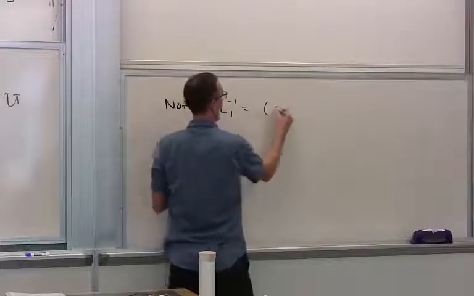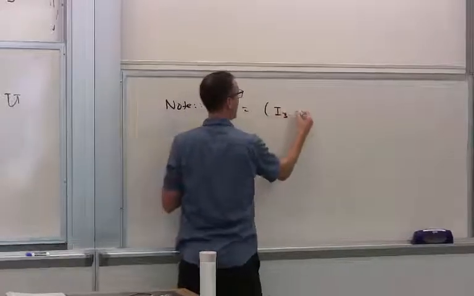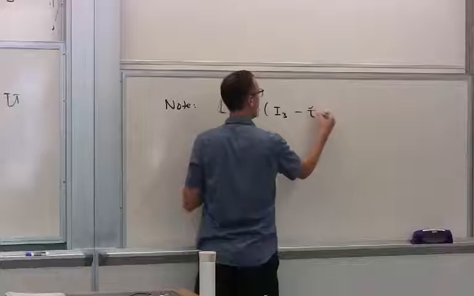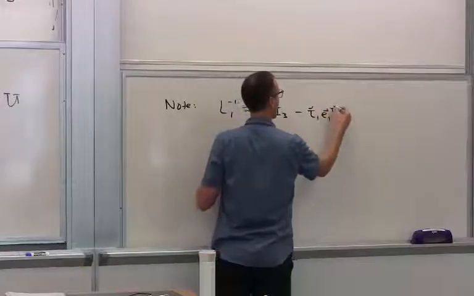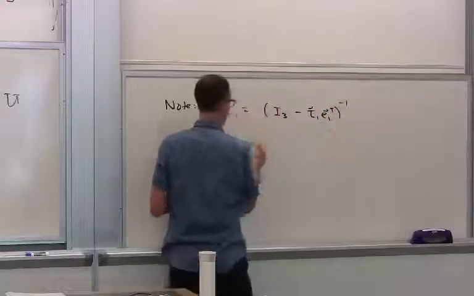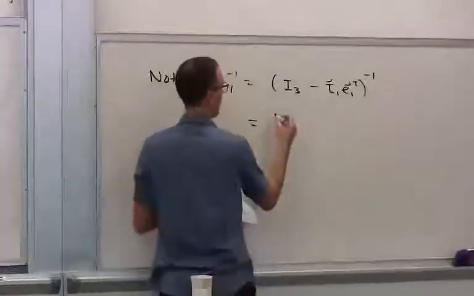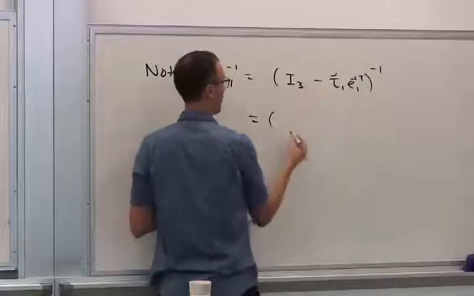If this is I3 minus T1 E1 transpose, and I take the inverse of that, can you guess what we're going to say the inverse is?